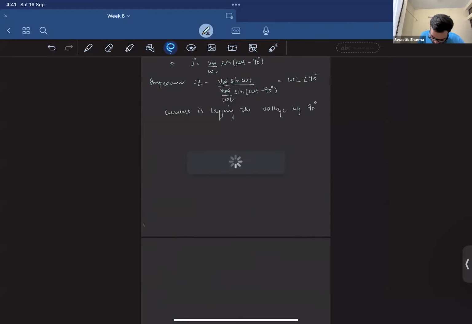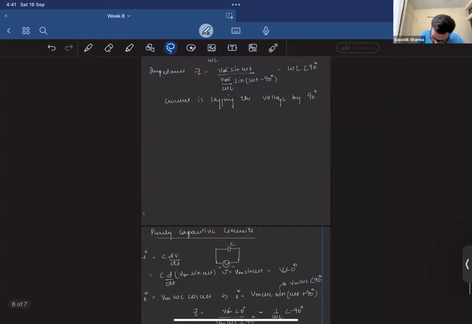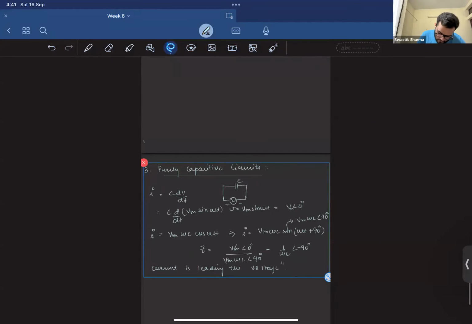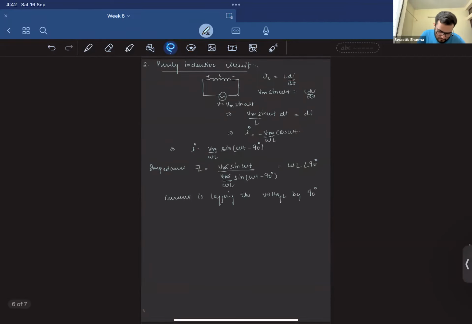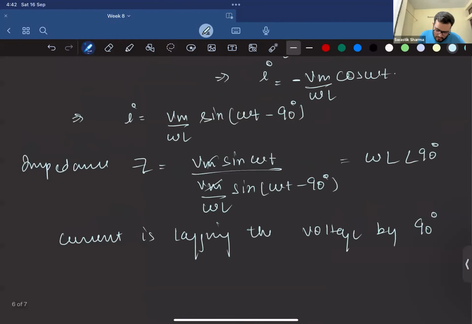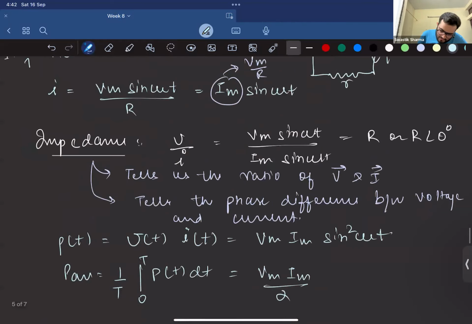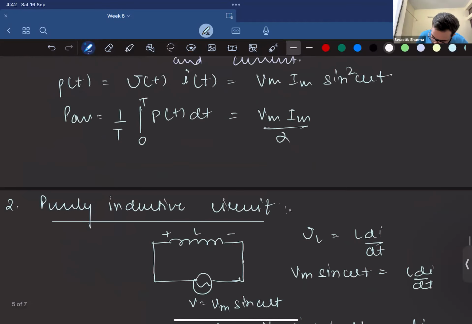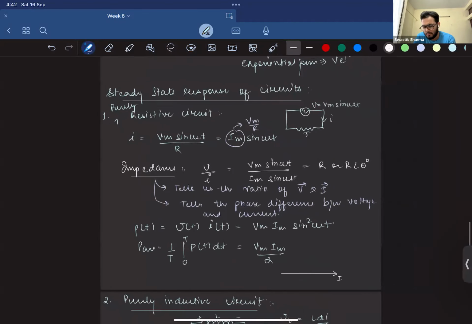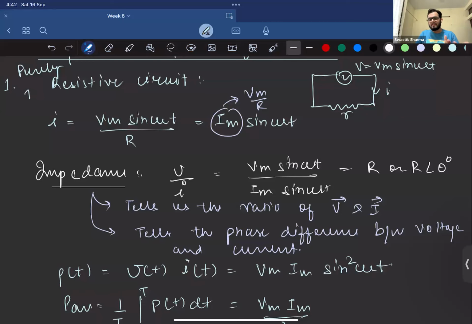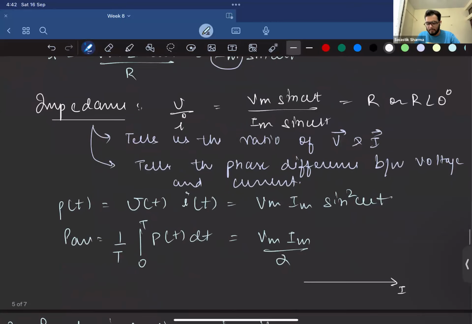I forgot to discuss a very interesting part. How can we represent phasor voltages and phasor current on a phasor diagram for a purely capacitive circuit?